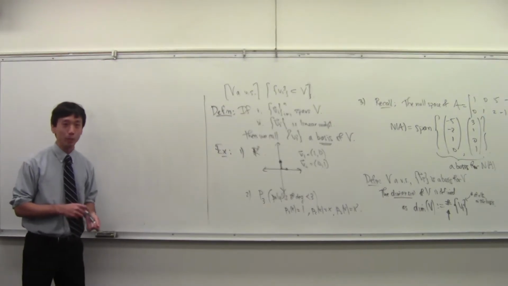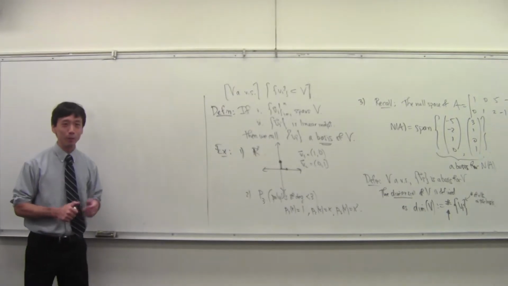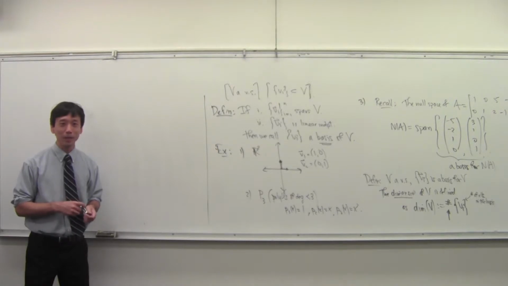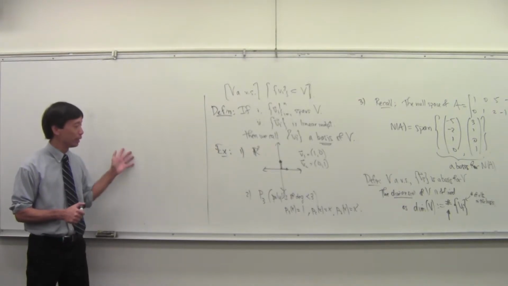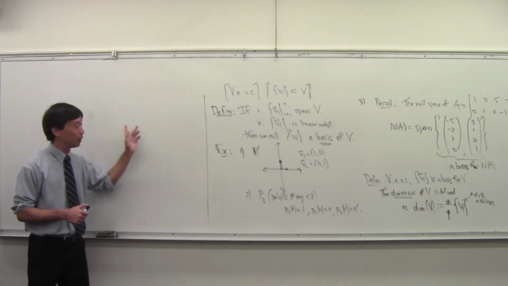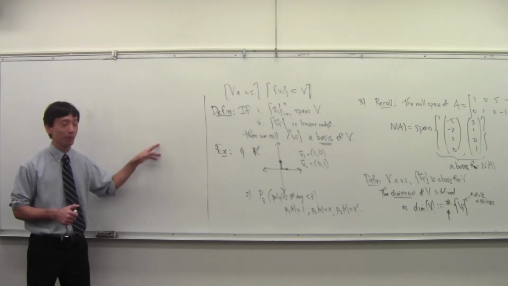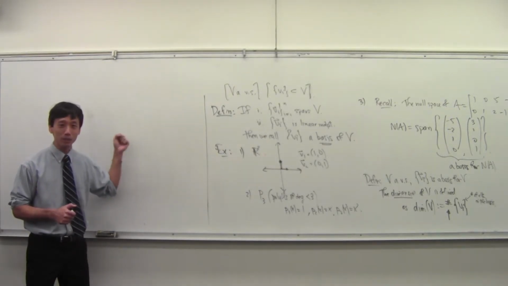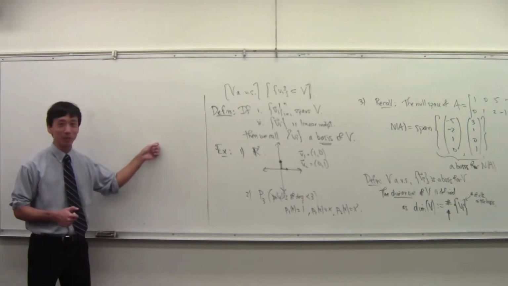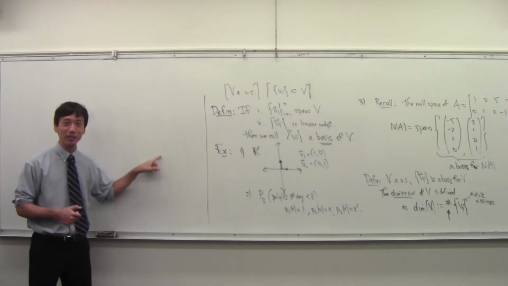I'm always reminded at this point of a college classmate of mine who was really, really strong in mathematics. He was taking a physics class, and the physicist had introduced some vector space that was infinite dimensional, and he had one basis for it, and then he said, okay, now we're going to switch to this other basis. At this point, my friend stood up and started shouting at the professor, saying that he'd made a mistake because the first infinity was a different size infinity than the other infinity.